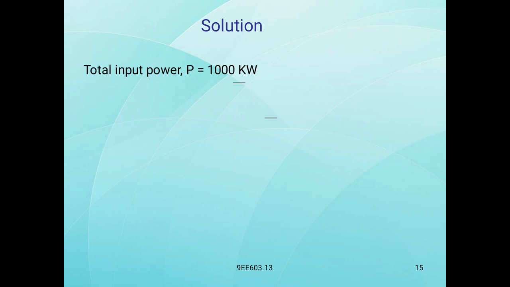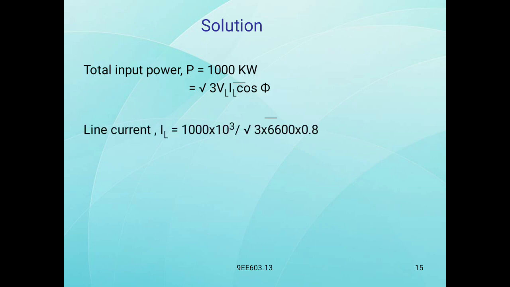Now the total input power P is equal to 1000 kilowatts, that is P is equal to root 3 VL IL cos phi.